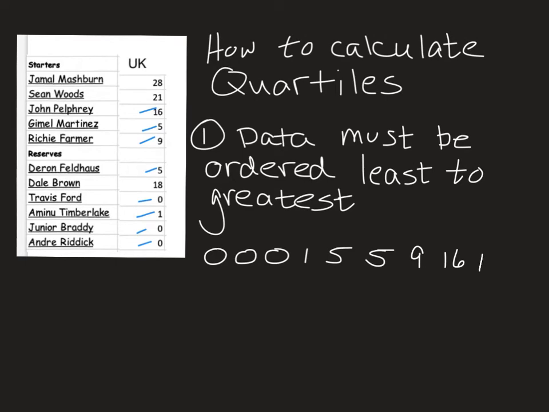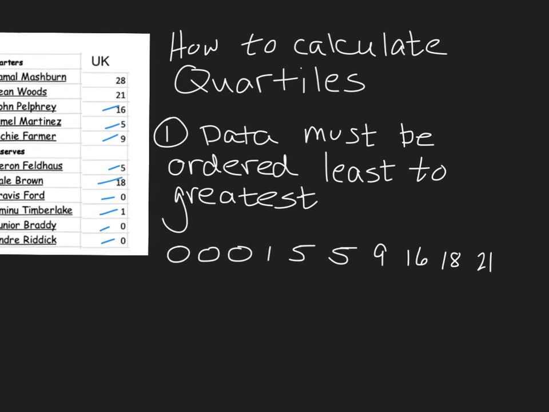And then 18. Then 21 and 28. So step 1, we've got them in order from least to greatest.